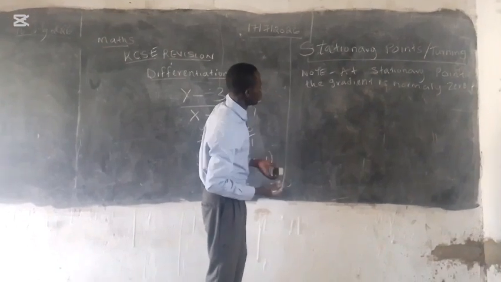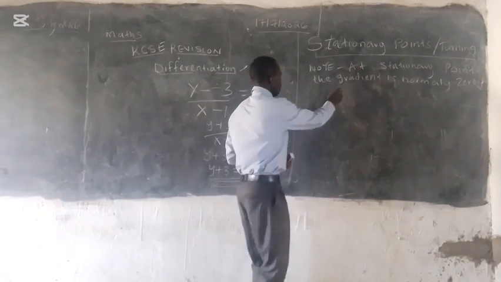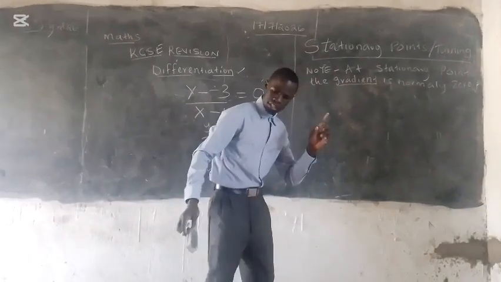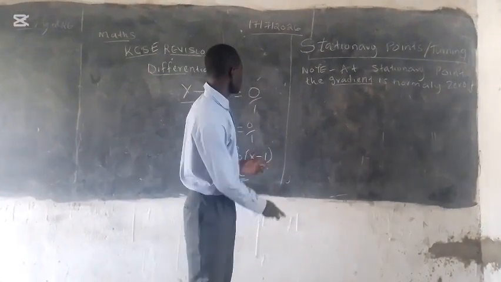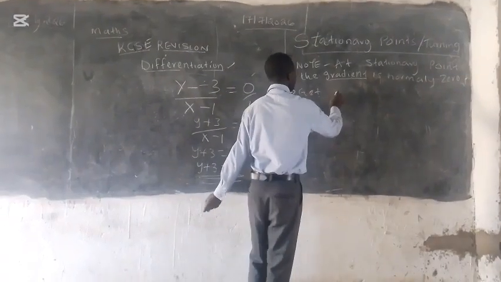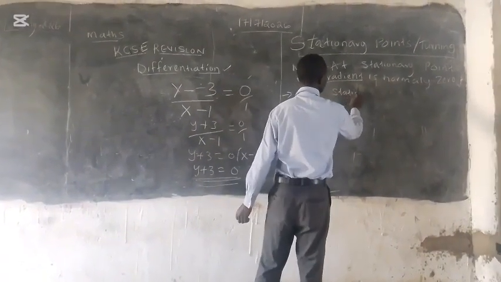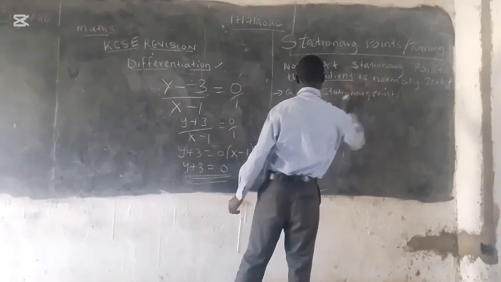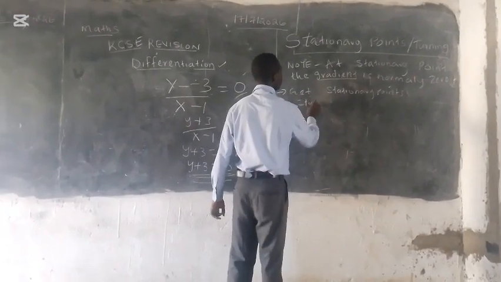Now, dear students, when you understand the gradient is 0, in most cases, these questions ask you to get the stationary points. Then number 2 is state their nature.